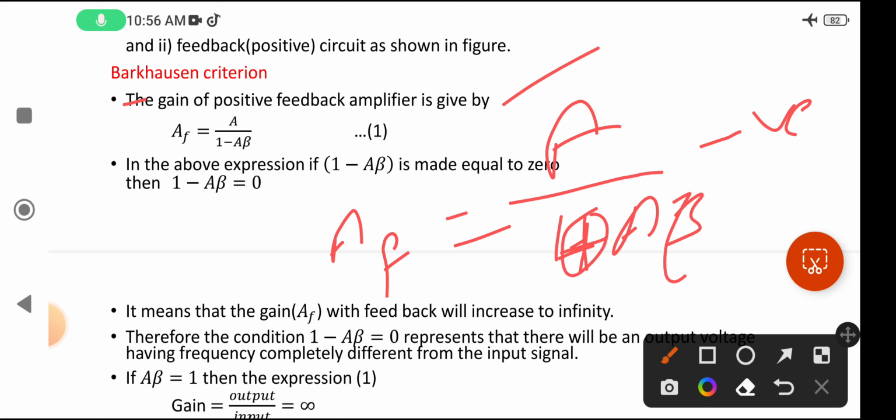Here Af indicates the gain with feedback, and A is the gain without feedback.